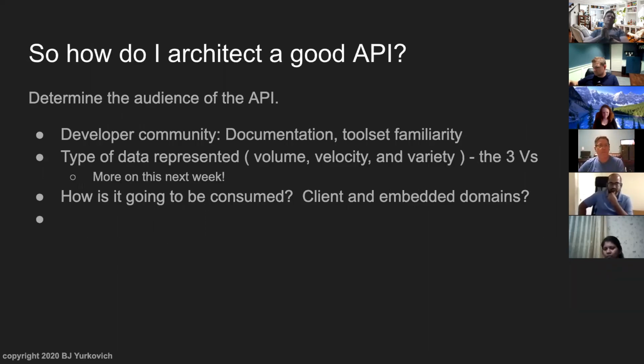So the question is, how do you architect a good API? Well, as it comes down to it, there's a number of different things. The top three, in my opinion, are, the number one is determine the audience of the API, because that's what's important, right?